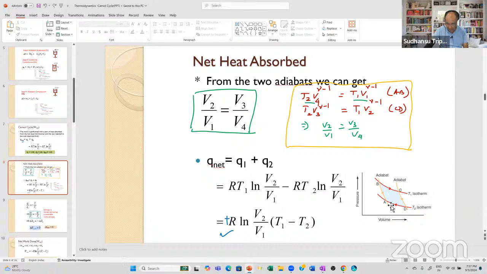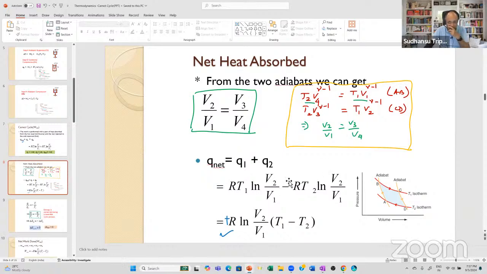This is adiabat AB, and adiabat CD, T2 V3 gamma minus 1 is equal to T1 V2 gamma minus 1. And if you take the ratio, you will find V2 by V1 is same as V3 by V4. This we get from the two adiabats.